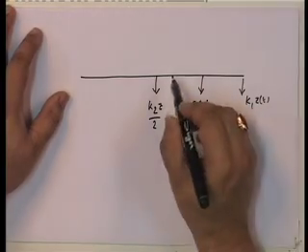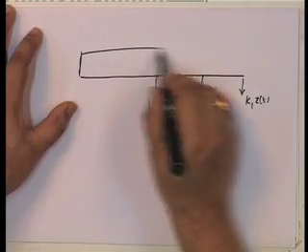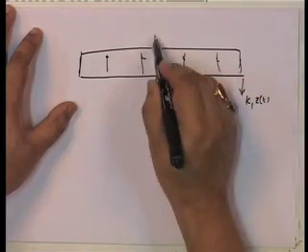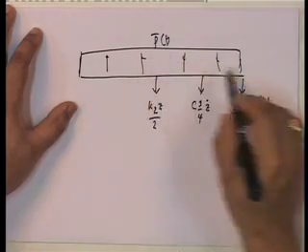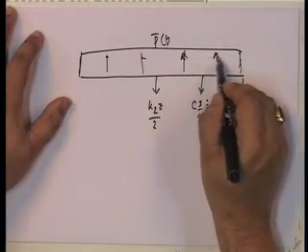And of course, I have the other load that still remains, that is P bar of t, uniformly distributed upward load.